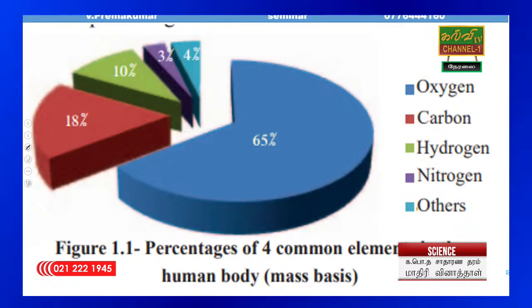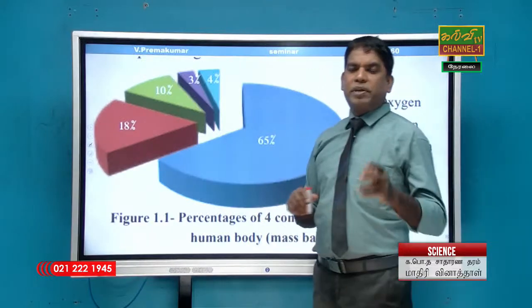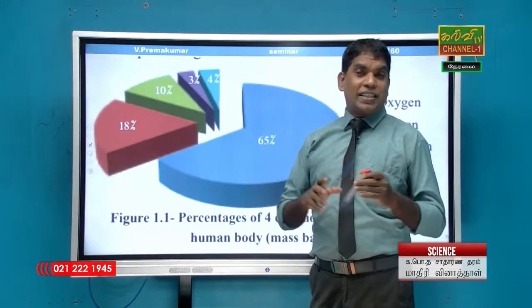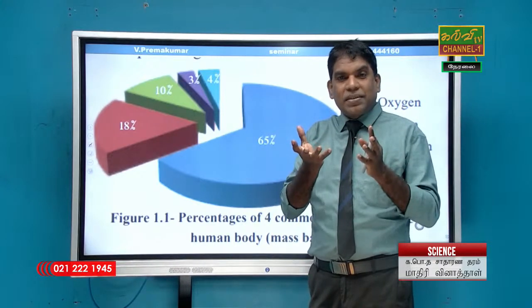Here you can find oxygen, carbon, hydrogen, nitrogen, others, at 65%, 18%, 10%, 3% and 4%. Actually I don't think too much about it, because the values are not necessary, but you should understand it according to mass.